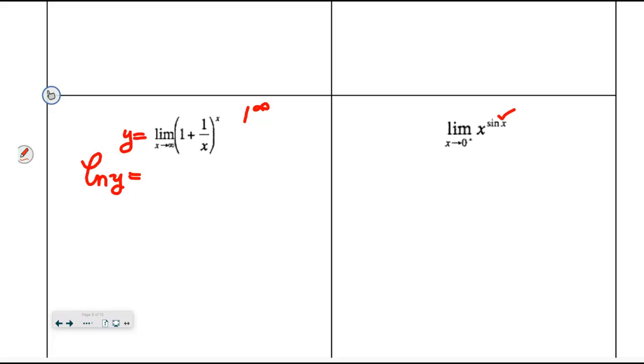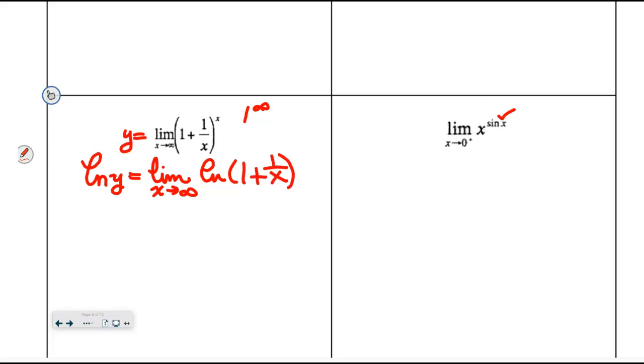Like, so you're not writing as much. You might want to swap your limit and your natural log as you write it. Okay? So instead of natural log of the limit, you might want to write limit as x approaches infinity of the natural log of 1 plus 1 over x.